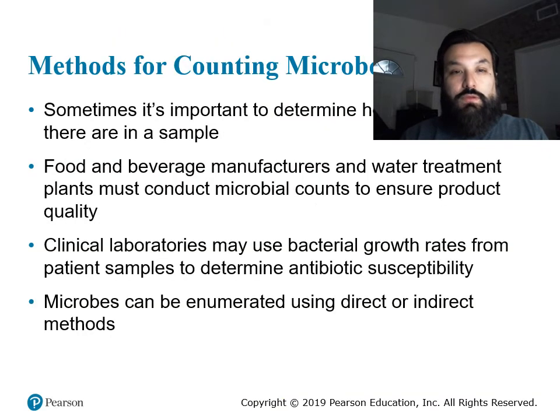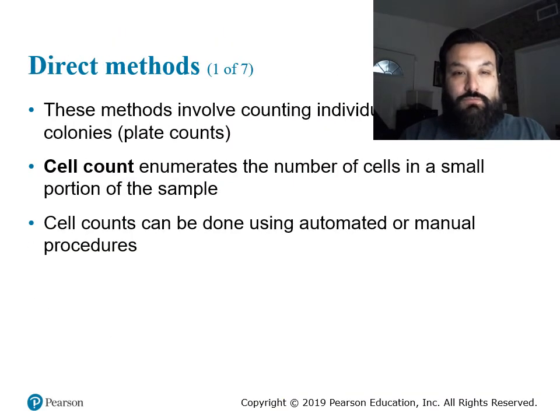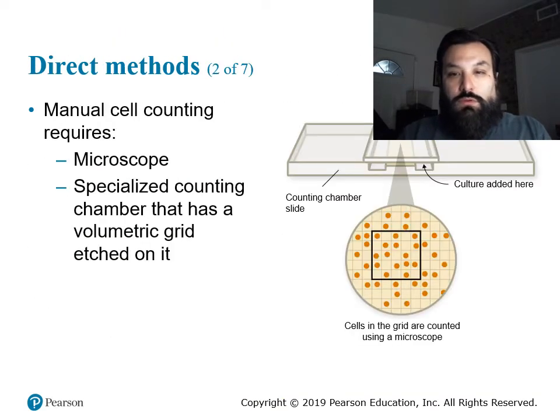Okay. All right. Just to put this in context, we can actually count how many organisms are growing on a culture, so we can track growth itself. We call this cell counting.